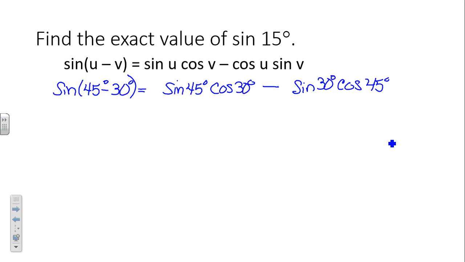This should be the sine of v cosine u. I have it right up here, I just wrote it wrong here. My fault. It's the same thing. So we're going to have cosine of 45 sine 30. Sorry, I didn't mean to confuse you.